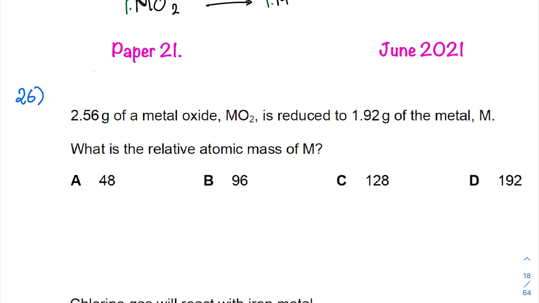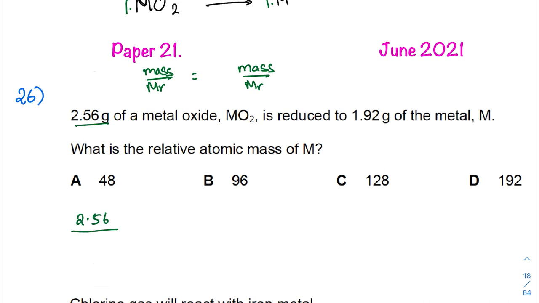So the number of moles of metal oxide should be equal to the number of moles of the metal. Number of moles is mass upon Mr. So mass of MO2 is 2.56 upon Mr of MO2.